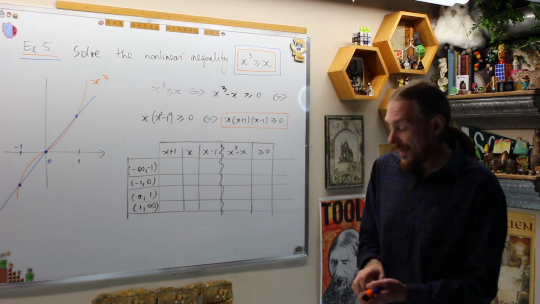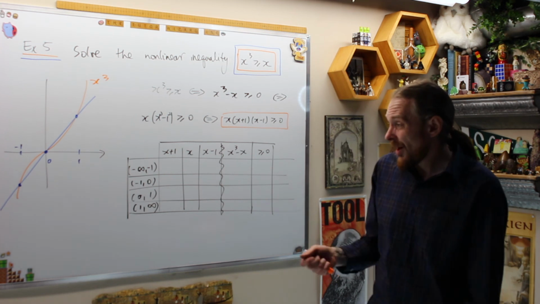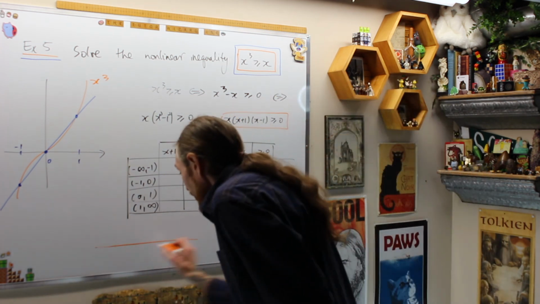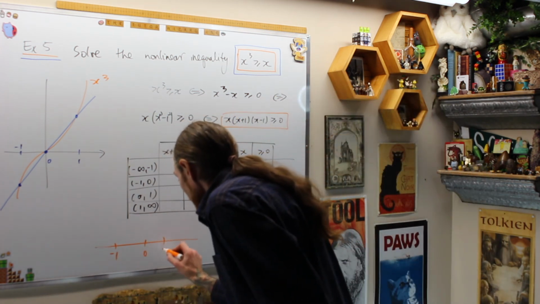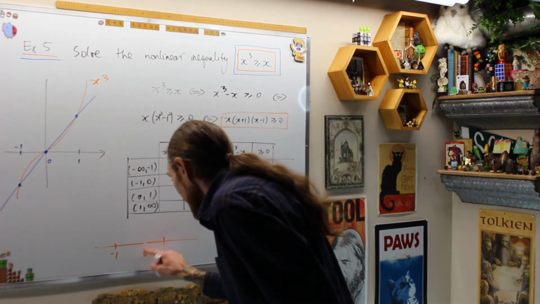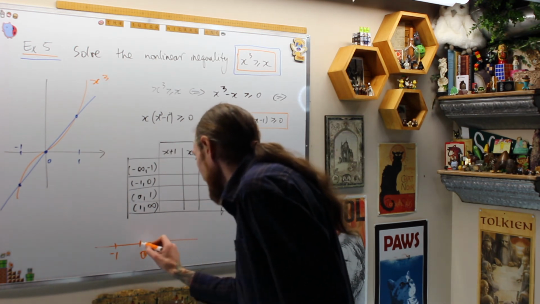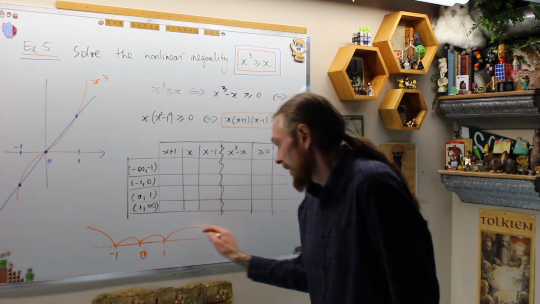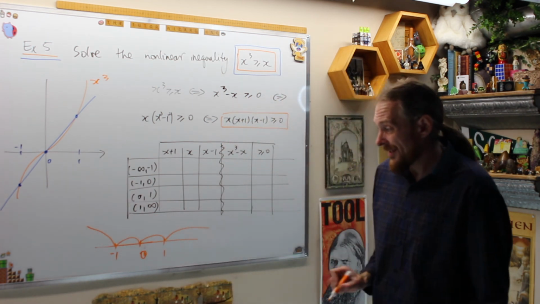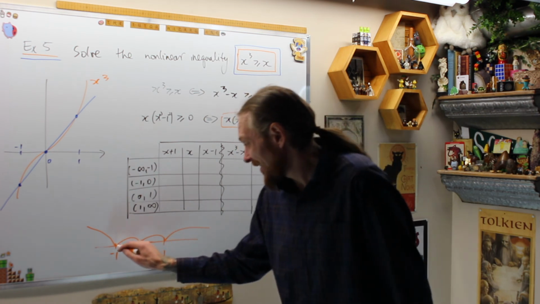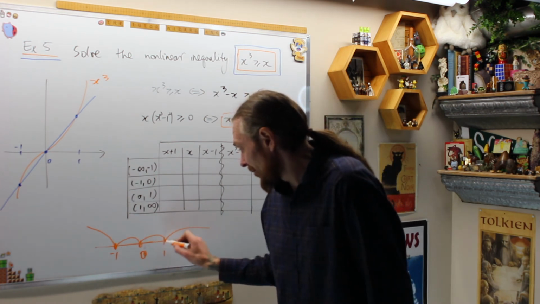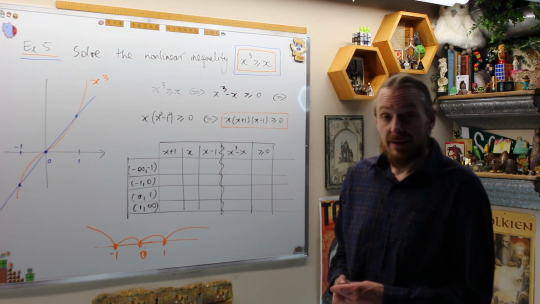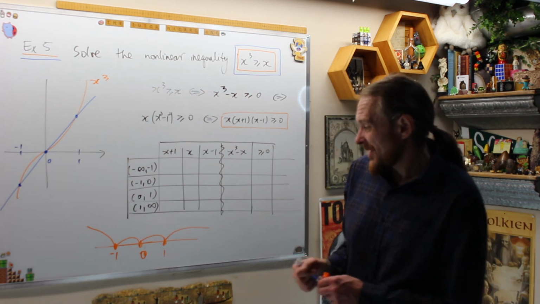And then once I do that, I fill in systematically the signs of each one. So also to help myself, -1, 0, 1, not to scale. So I have these intervals also. And then the only place I can change signs is at -1 and at 0 and at 1. So in these intervals, I just need to pick a representative.